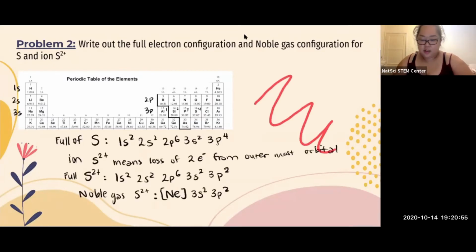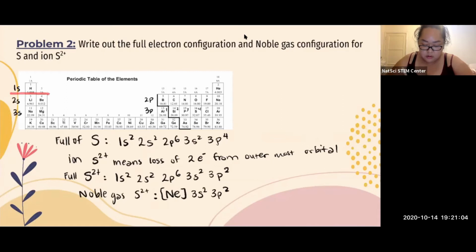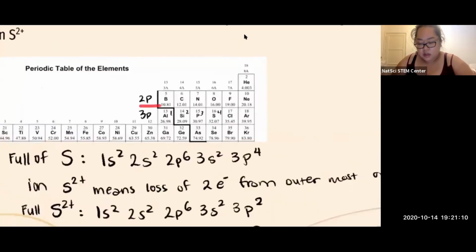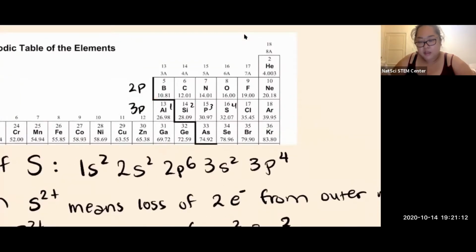You guys see? Okay, so I wrote how it came out. Let me know if you did not get the same. I noted that we covered the 1s orbital, the 2s, the 3s is completely filled, 2p is also filled, and for 3p, I numbered it: 1 electron, 2, 3, and 4.